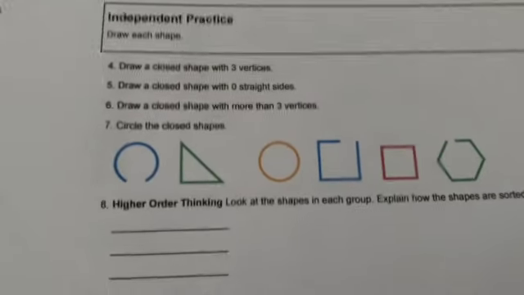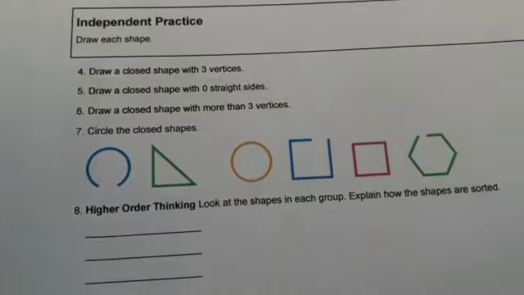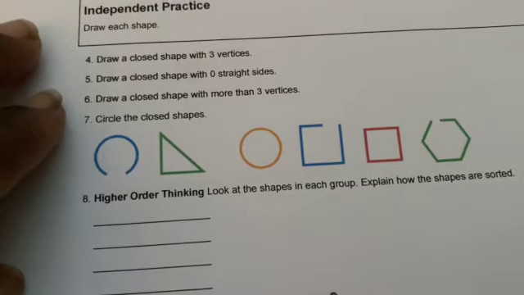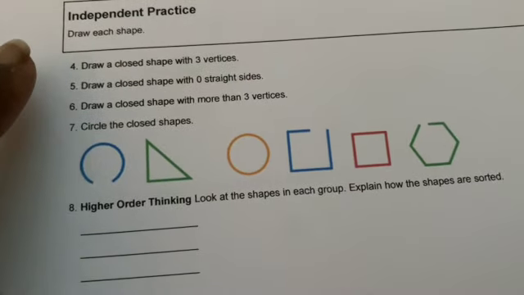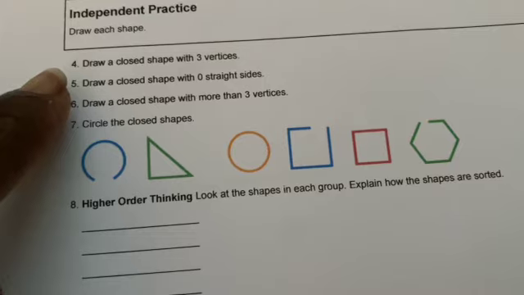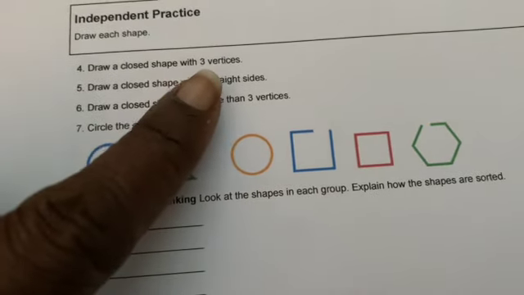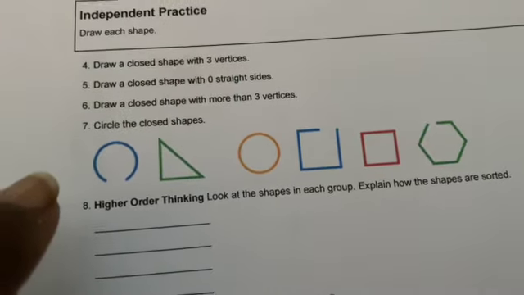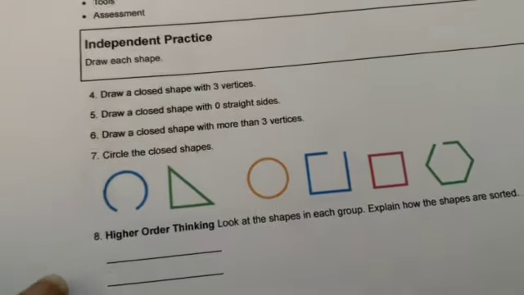Okay, here are a couple of word problems. Okay, so like if we were to draw a closed shape with 3 vertices, what would that be?